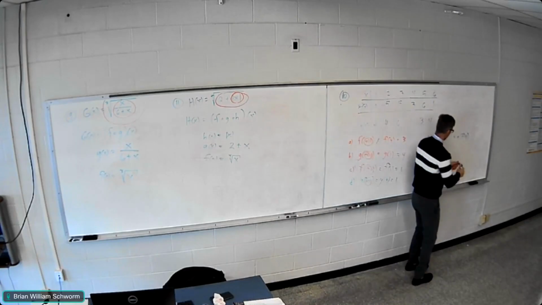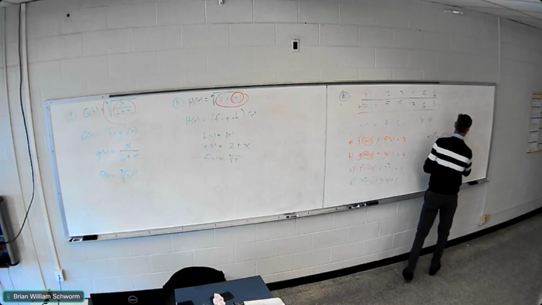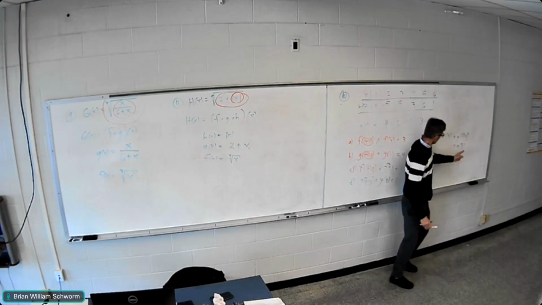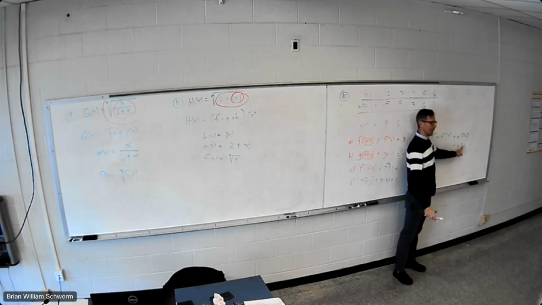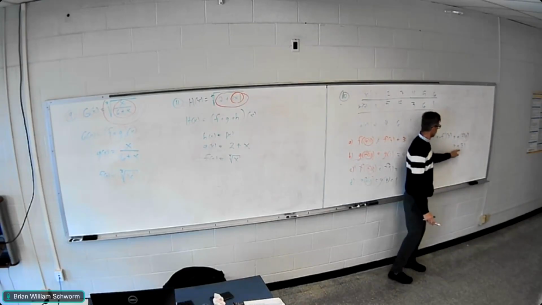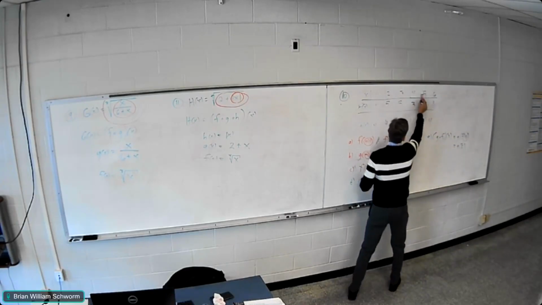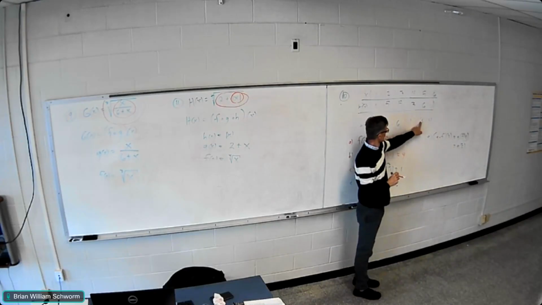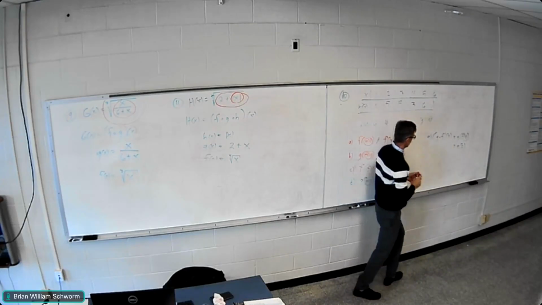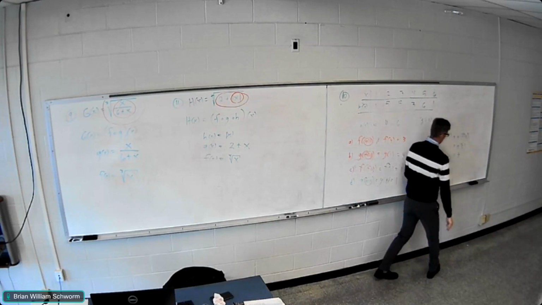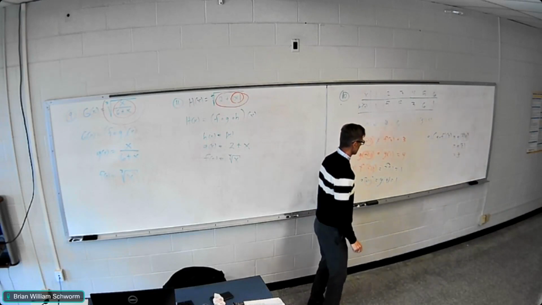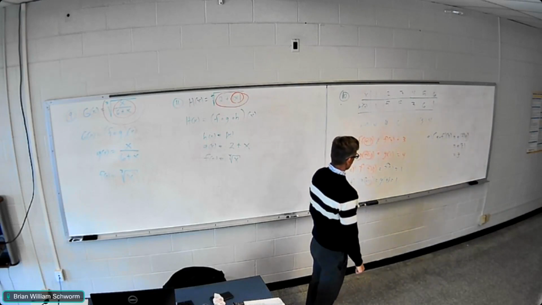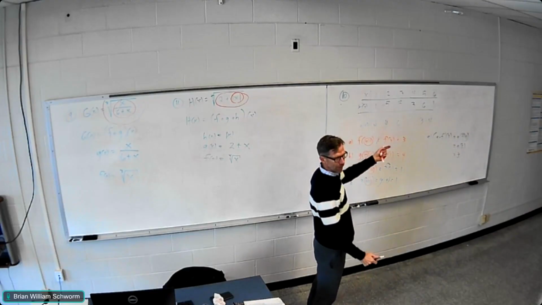So what I circled there becomes 5. F of 3 is 5. Now my new X value is 5. Plug it into the G function. G of 5 is 3. It's exactly the same as before, just slightly different notation.